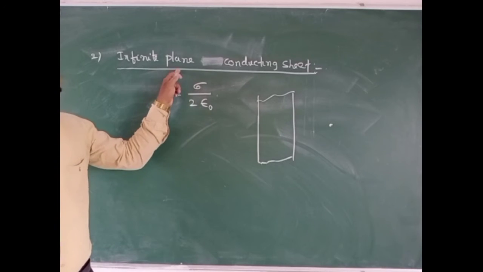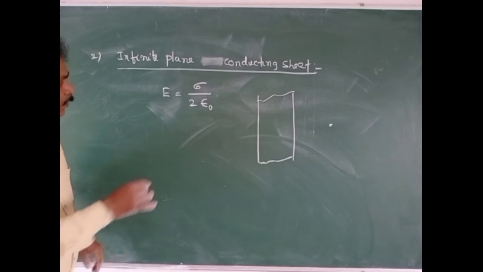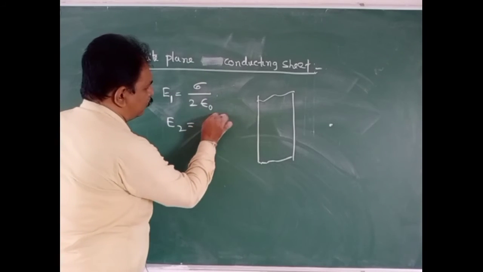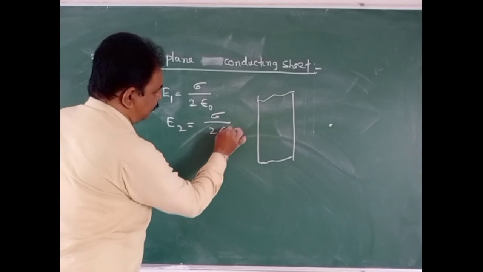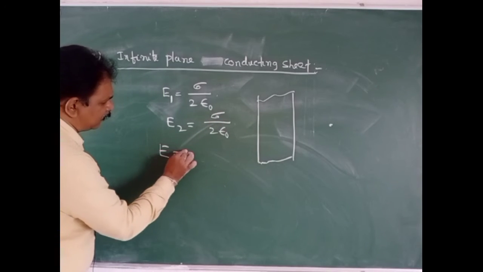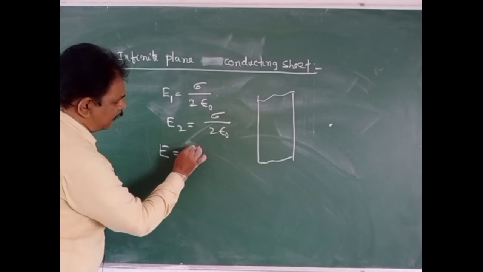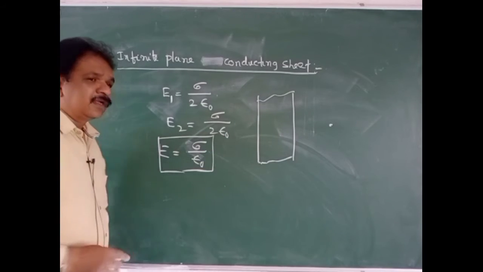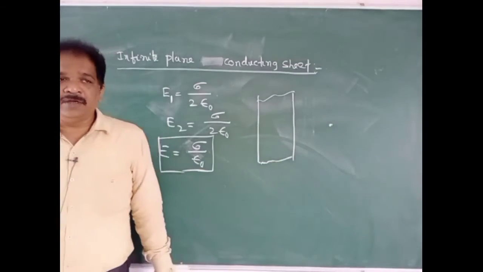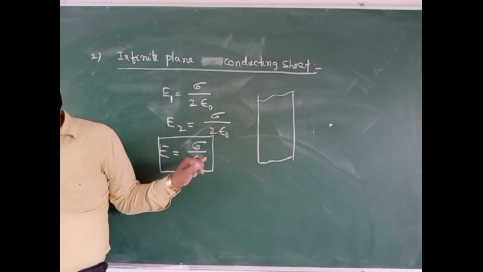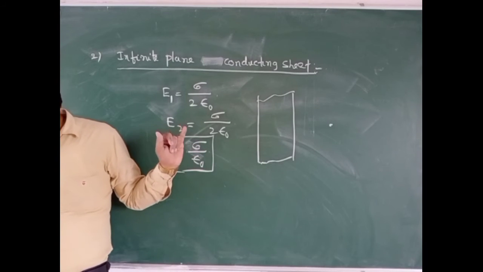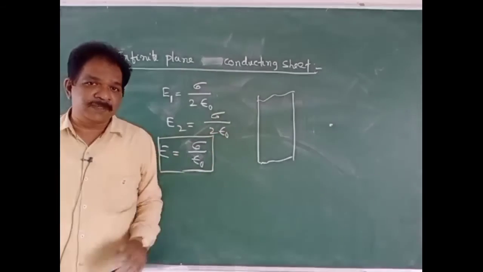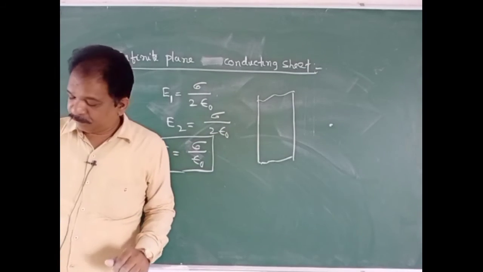For an infinite plane conducting sheet, two fields will come, E1 and E2, both with magnitude sigma by 2 epsilon naught. Then finally the value is sigma by epsilon naught. Conducting sheet means you have to take sigma by epsilon naught. Non-conducting sheet means you have to take sigma by 2 epsilon naught. If the point is clear, next.